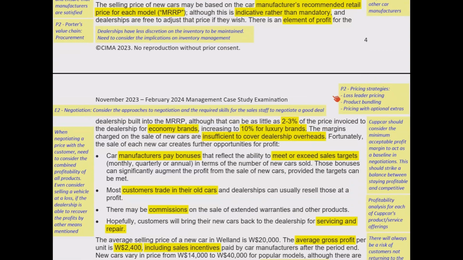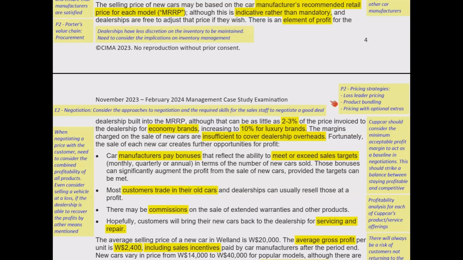Now, we must bear in mind when we're thinking about this, how competitive this industry is. And we'll see in a little while that actually in Welland, there are, I think it's 5,000 car dealerships. It is a very, very concentrated, competitive, saturated market. Now, what does that mean?